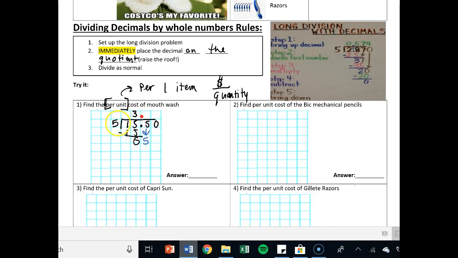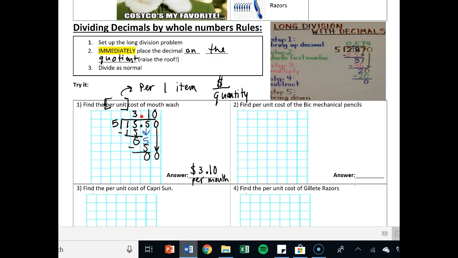Now 5 into 5 goes 1 time, because 1 times 5 is 5. And 5 minus 5 is 0, and then drop down my last 0. 5 into 0, 0 times. So my answer here is $3.10 per mouthwash.